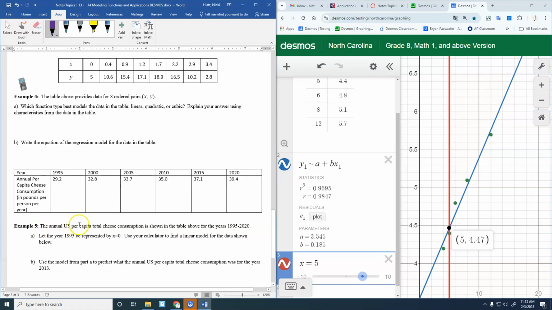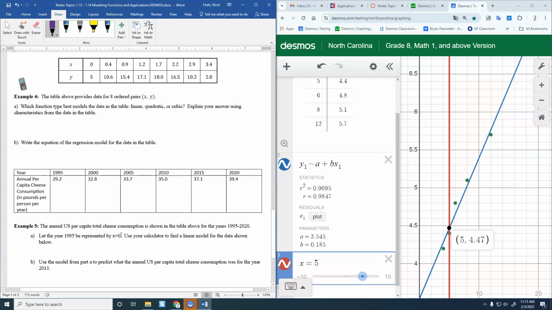The annual U.S. per capita total cheese consumption is shown in the table above for 1995 to 2020. This problem says, let the year 1995 be represented by x equals 0.